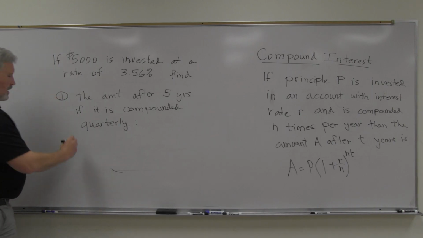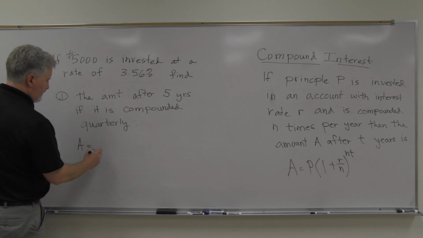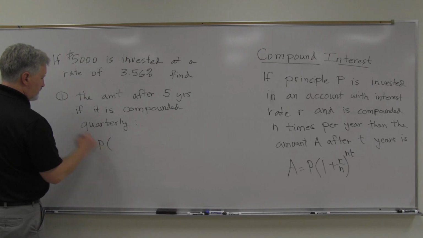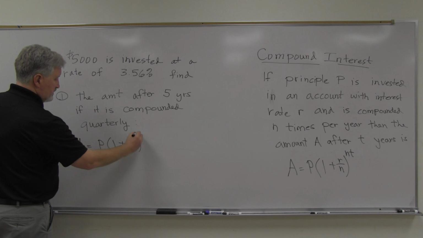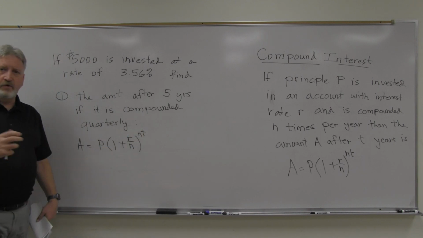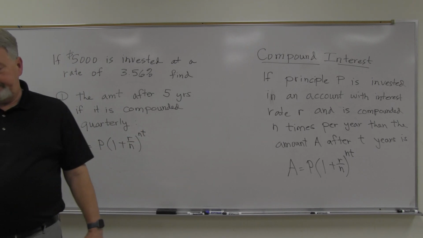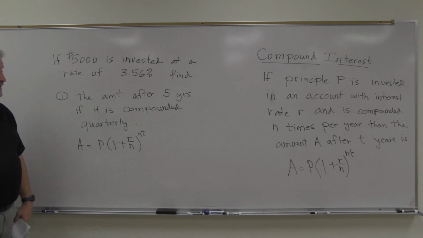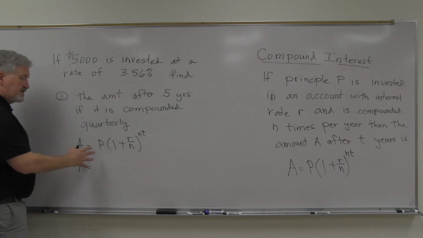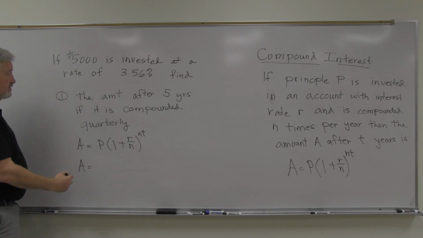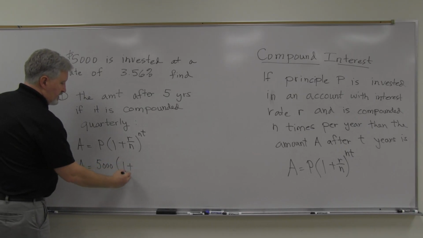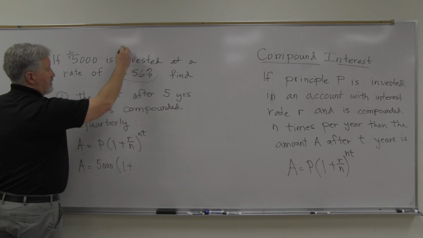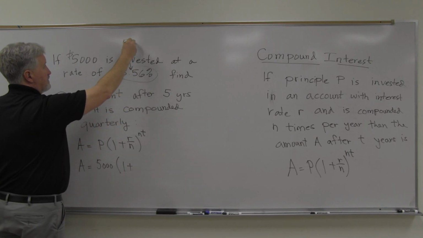So let me copy that formula right here again. A equals P times 1 plus R over N to the NT power. So on these, it's just a matter of plugging in the numbers in the right places. P is just the amount you start with, so this is starting with $5,000. 1 plus, R is just the rate, 3.56%.